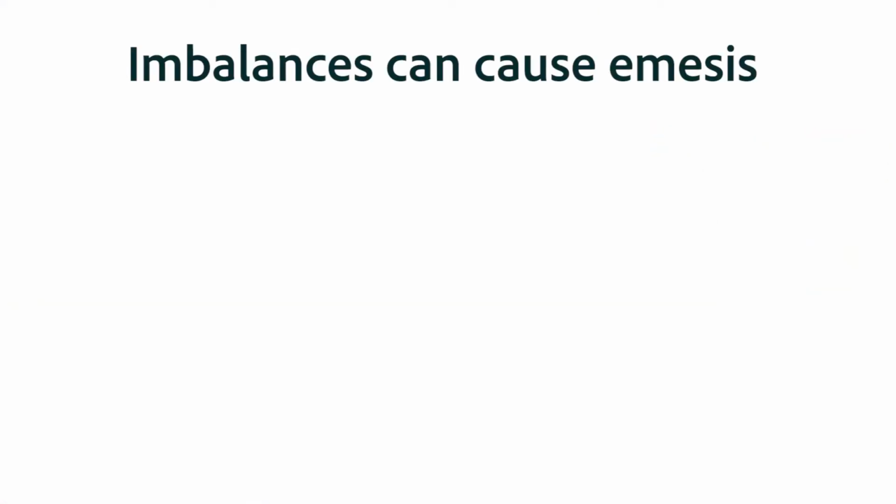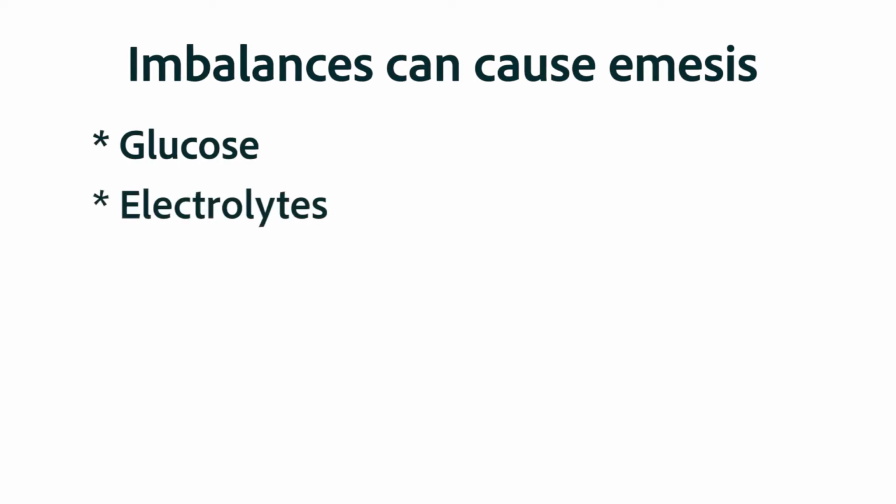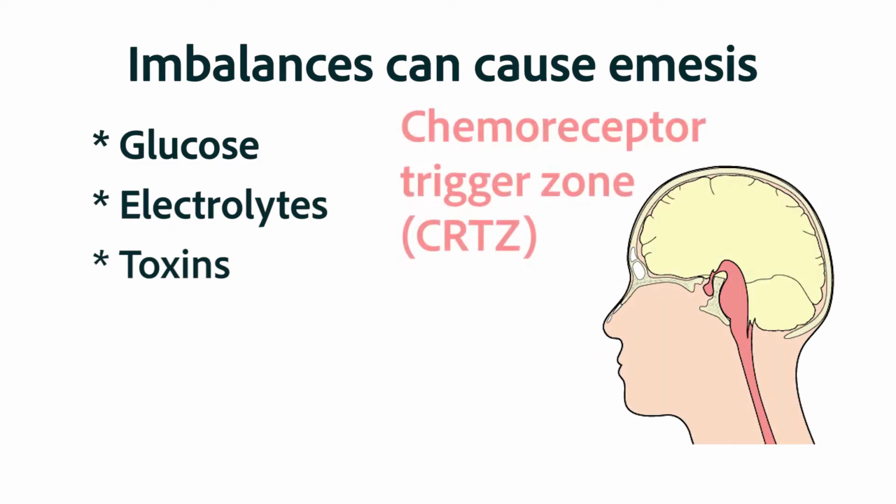One of the important things to remember is that when the levels of glucose, electrolytes, or toxins in the body are altered, that change is perceived at the level of the chemoreceptor trigger zone. The chemoreceptor trigger zone is next to the vomiting center, and it detects chemicals and imbalances and responds by sending a message to the vomiting center to initiate vomiting.